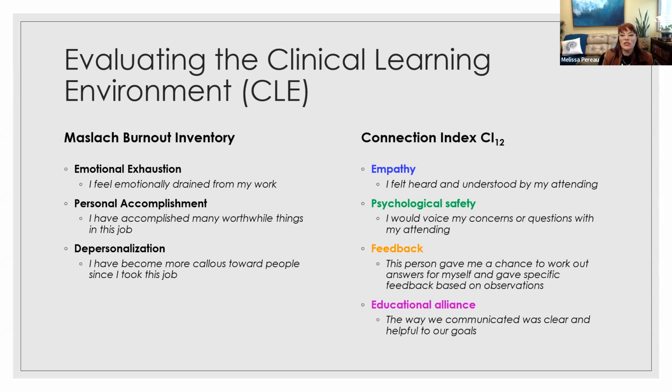Feedback looks at the opportunity to work out answers for yourself and for learners to grow and improve based on being given information routinely and regularly rather than just one time during a rotation. And finally, Educational Alliance looks at what are our roles as members of the team and how do we show each other respect, how do we communicate better, and how does each person who's on this educational team serve their role better.